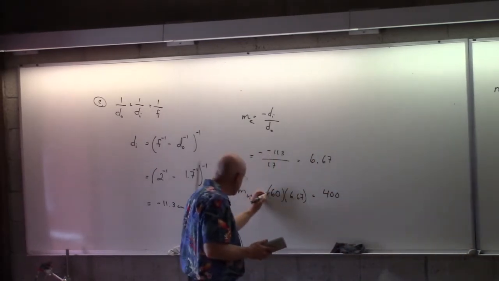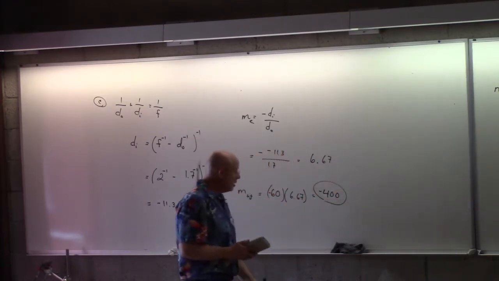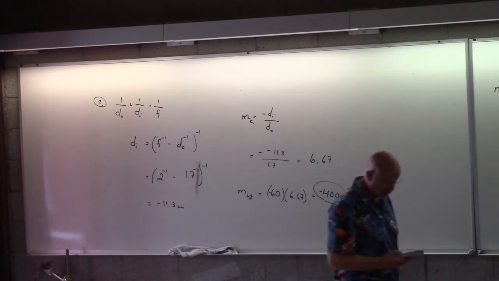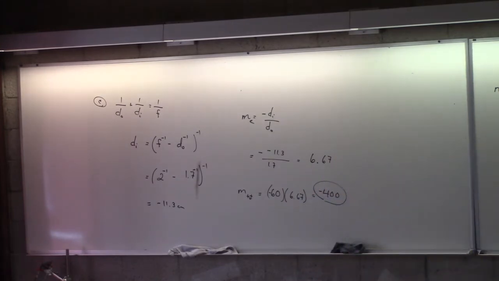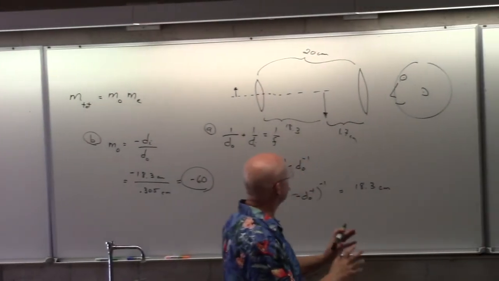Now I guess technically it's a negative 60, so maybe I'll put a negative 400. So the good news is this has magnified the amoeba quite a bit, 400 times. It's 400 times bigger. Makes it easy to see this little tiny single cell organism doing its thing and kind of studying it and learning a little bit about life.